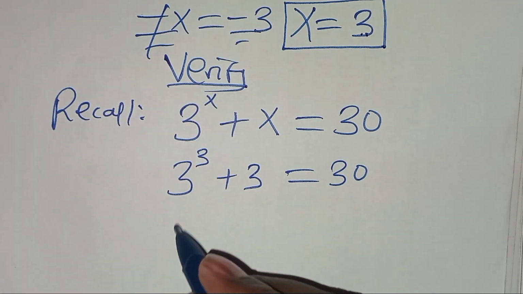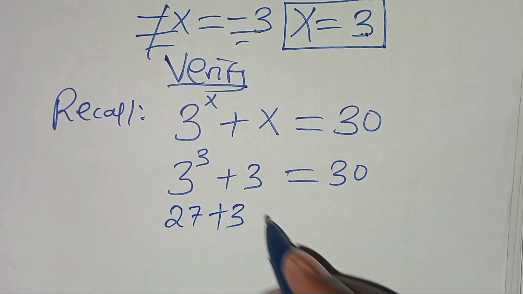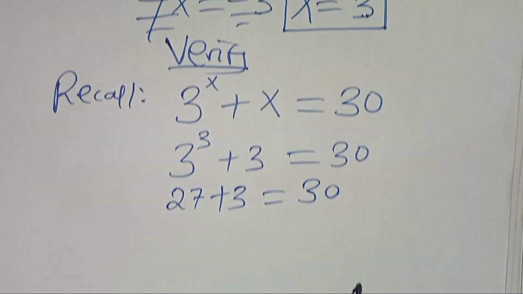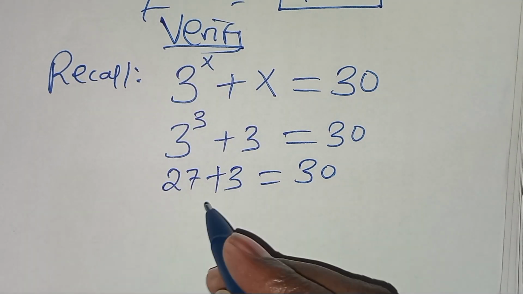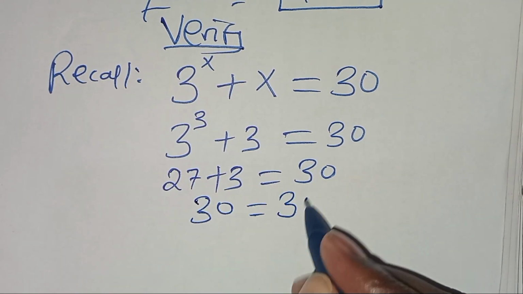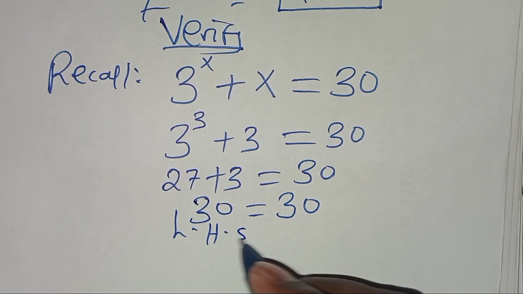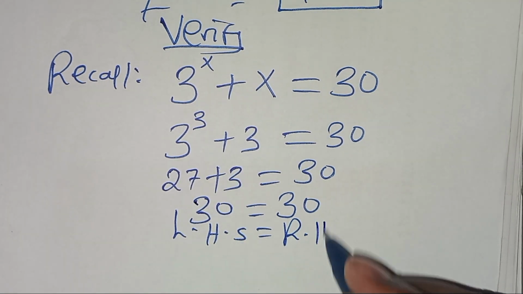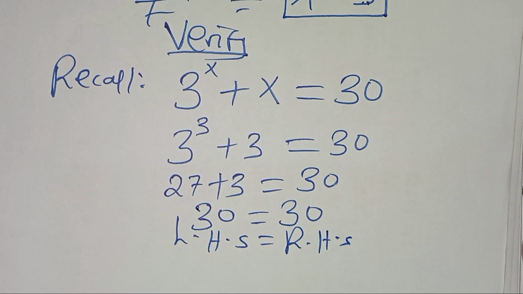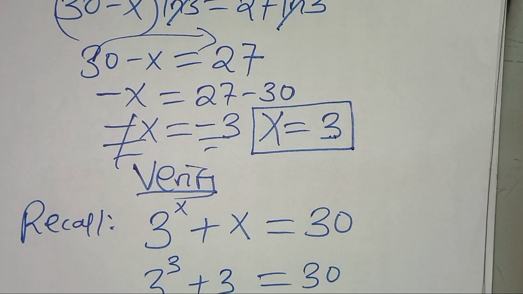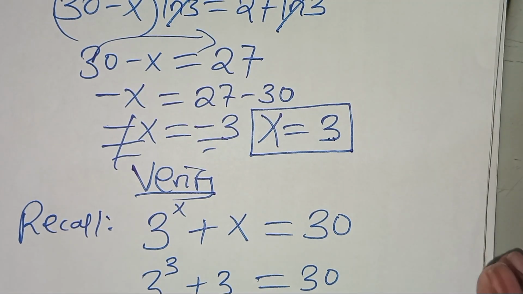So 3 to the power 3 is 27, plus 3, this is equal to 30. That means the left-hand side is equal to the right-hand side, and that affirms that the value of x, which is 3, actually satisfies the equation.